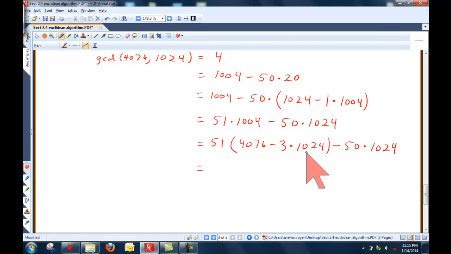I have 2 terms involving factors of 1024. Let's put those together. So the rest of it is 51 times 4076, and now here's a 51 times a negative 3, and then a negative 50. If I work that out, that's minus 203 times 1024. And that does it.